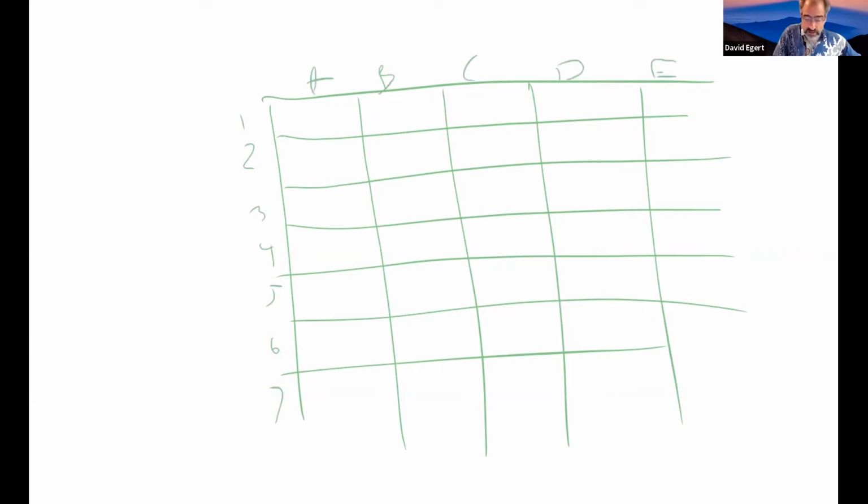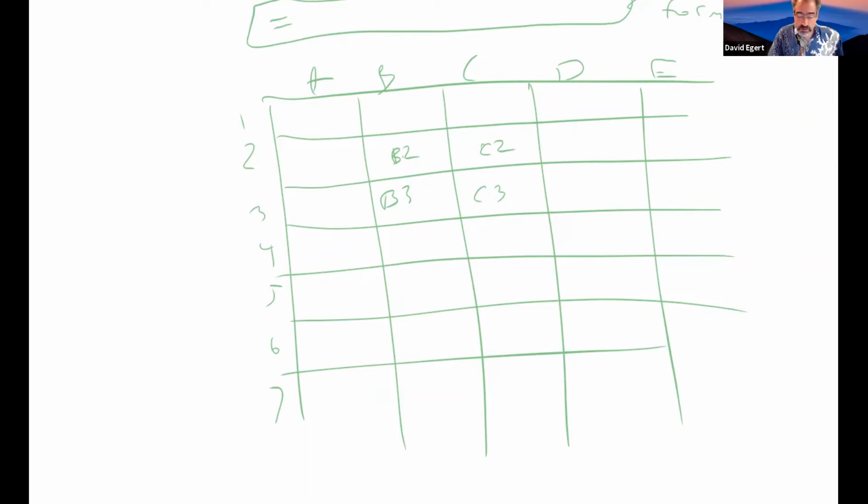Every cell has a unique address like B2, C2, B3, C3. There's this formula bar here, which is always important to pay attention to. That way, if you want to know what's really in the cell, you don't know unless you look in the formula bar.